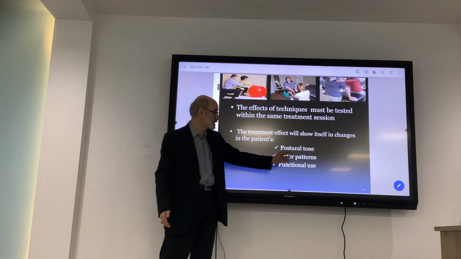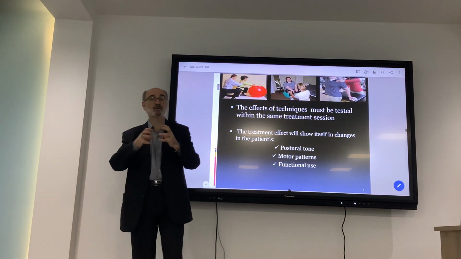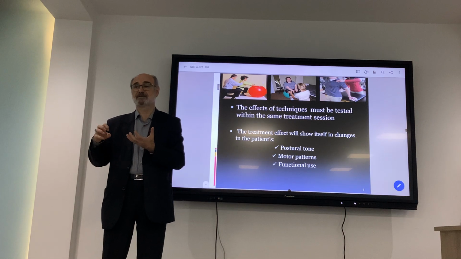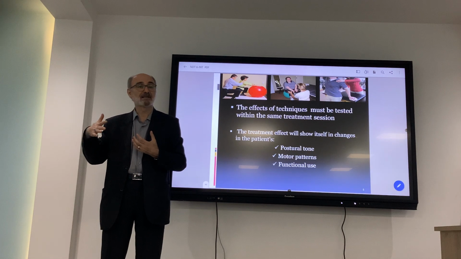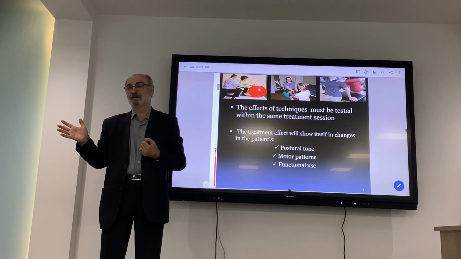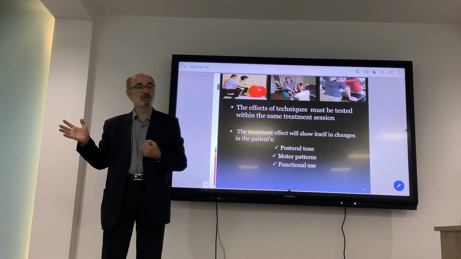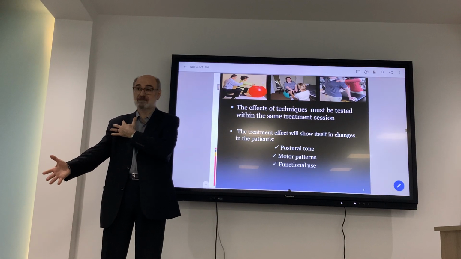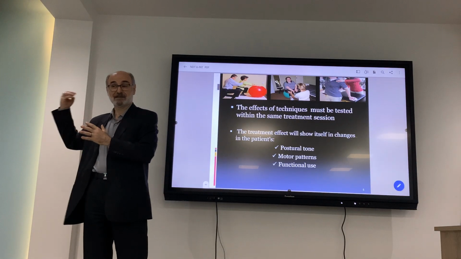I can use different motor patterns out of synergies. Now I can extend the wrist joint independent of the elbow and shoulder joints, out of synergies.